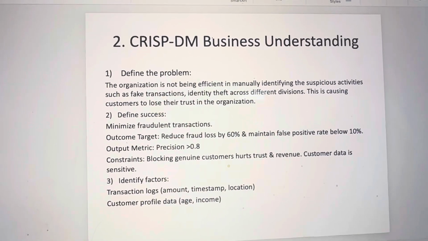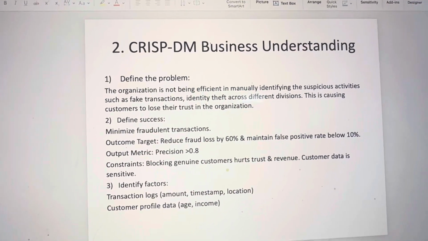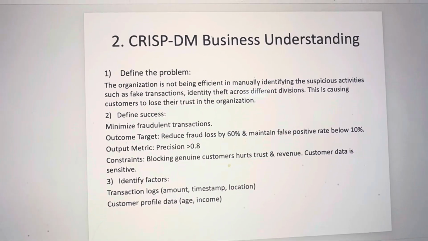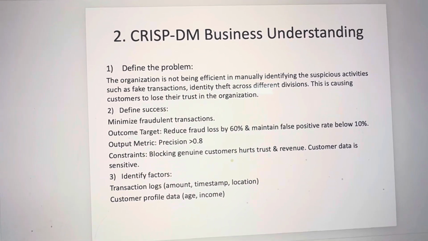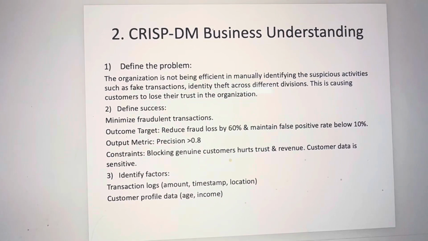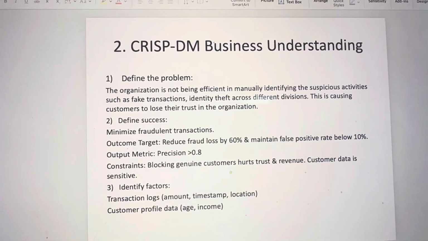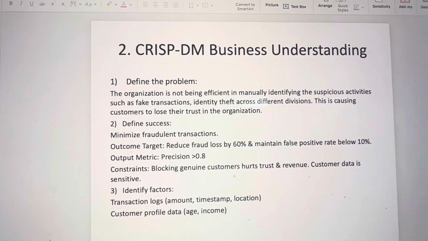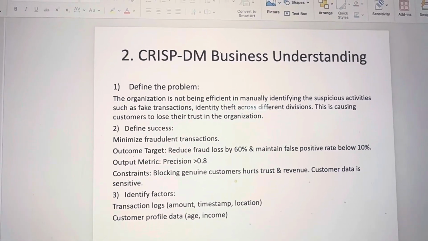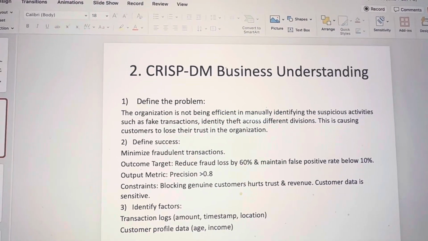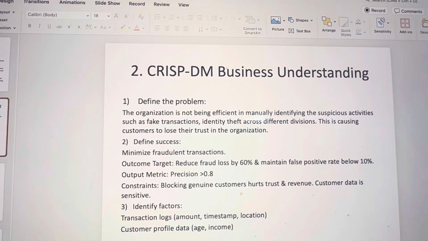And to define success, we have set the targets. The outcome target is that we have to reduce the fraud loss by at least 60%, and also we have to maintain the false positive rate below 10%, because a high false positive rate might make employees block legitimate customers, which in turn causes the customers to lose their trust.